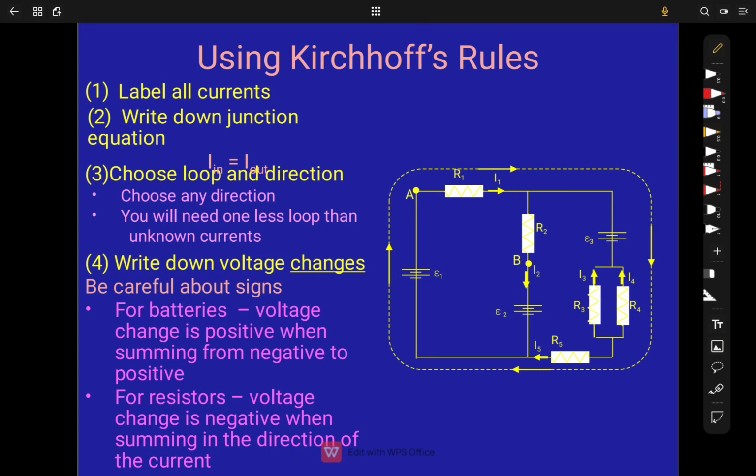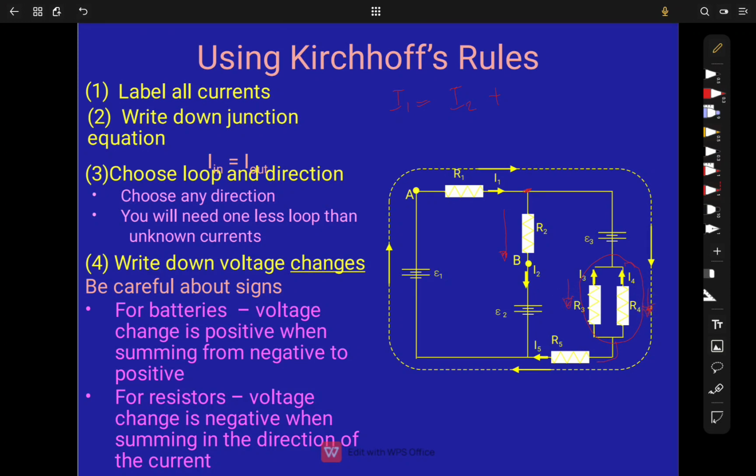So kung halimbawa dito sa junction na to, at this junction, that would be I1 is equal to, pababa dito, di ba? So we have I2 plus tayo. So pwede nating sabihin na, diba ito combination to, I3. So pagkalabas nila dito, if ever na ganito yung looping, yung flow ng kanilang electrons is downward.